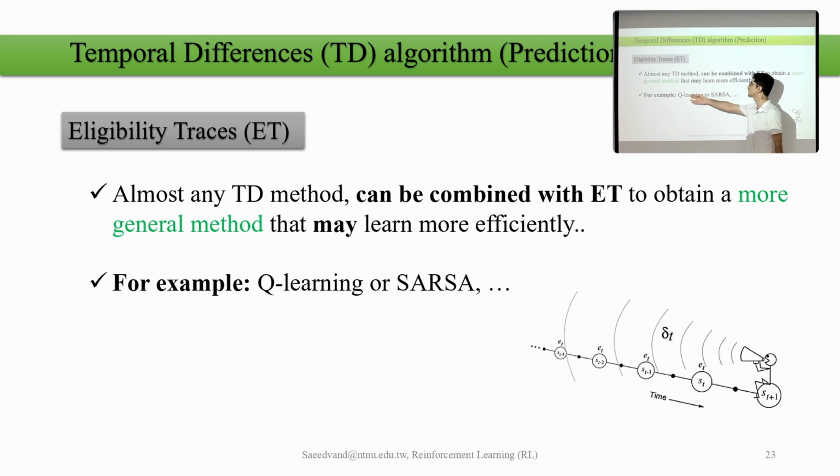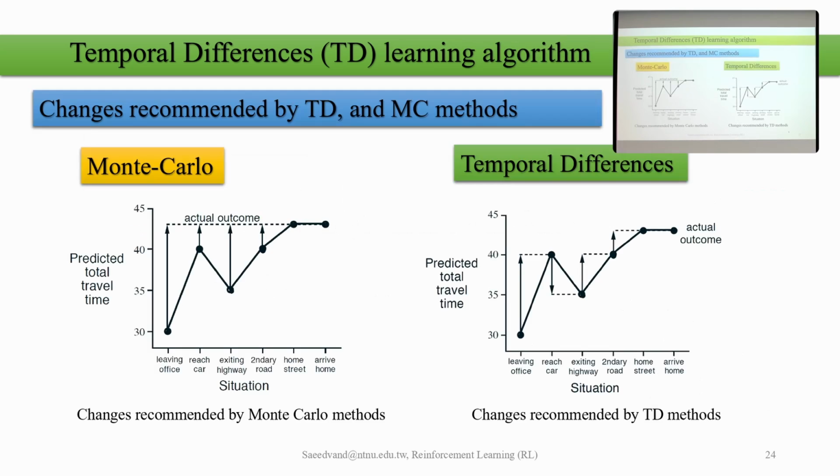I will introduce some simulations for you. But there I'm not going to implement eligibility traces. That's the point: you also can, or we also can, merge eligibility traces with Q-learning and SARSA and then compare and see how much better it can do in solving our problems.